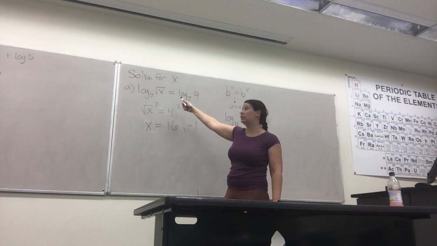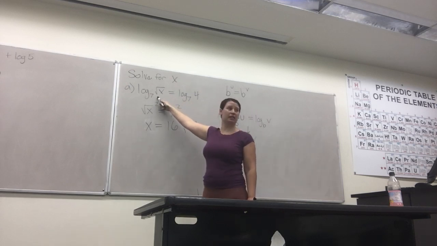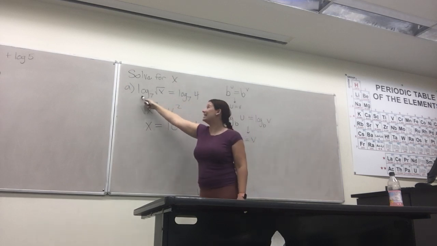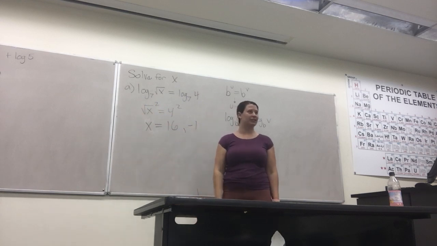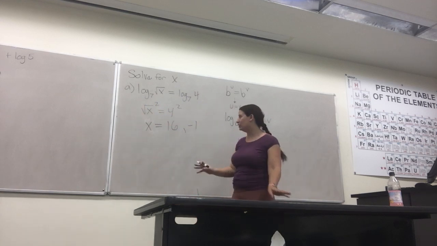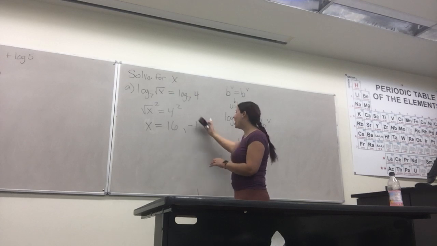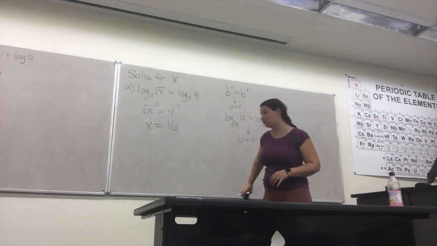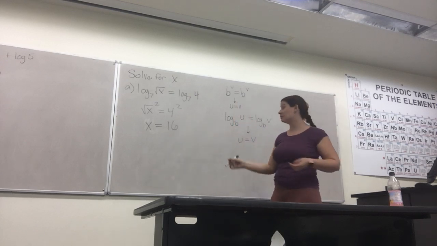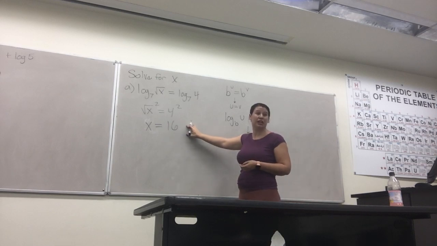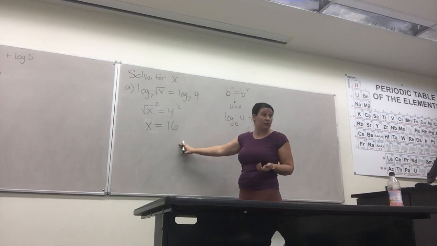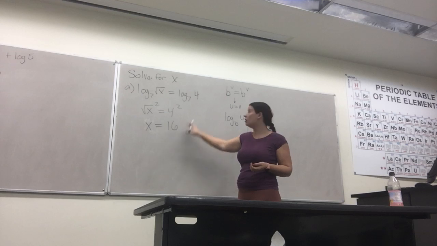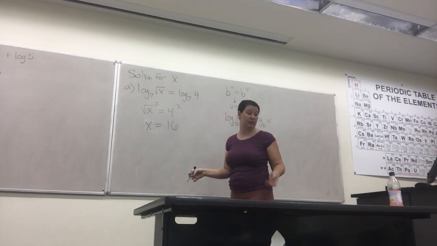No. Double no, because we can't take a square root of a negative number, and we can't take a log of a negative number, right? So you have to check to see if your answer is valid. Because even if you only get one thing, it could just be no solution. That is an option. Not all equations that we may give you have solutions.